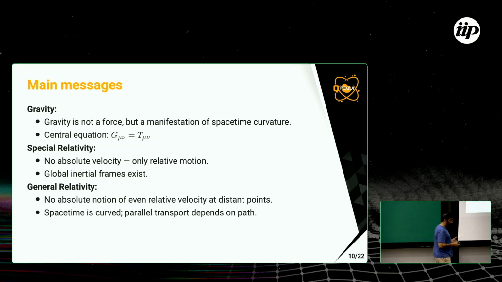So there is no way to define relative motion. The question, what's my velocity with respect to that galaxy there, is mathematically meaningless because there is no way to answer it. We just need to learn how to live with that.